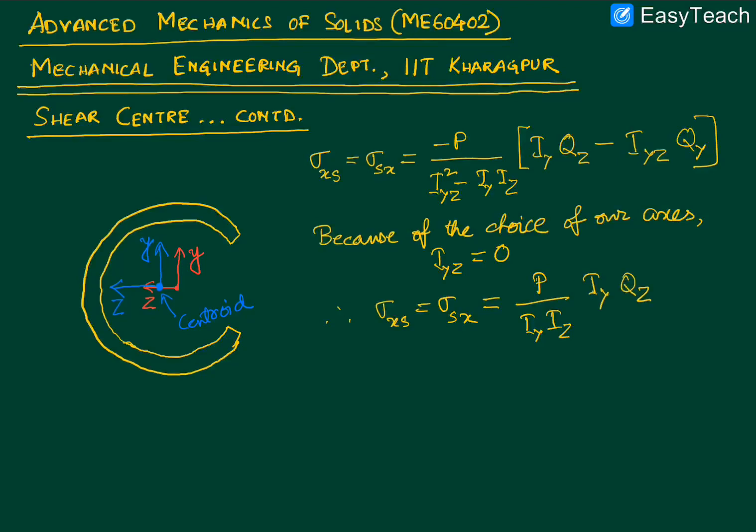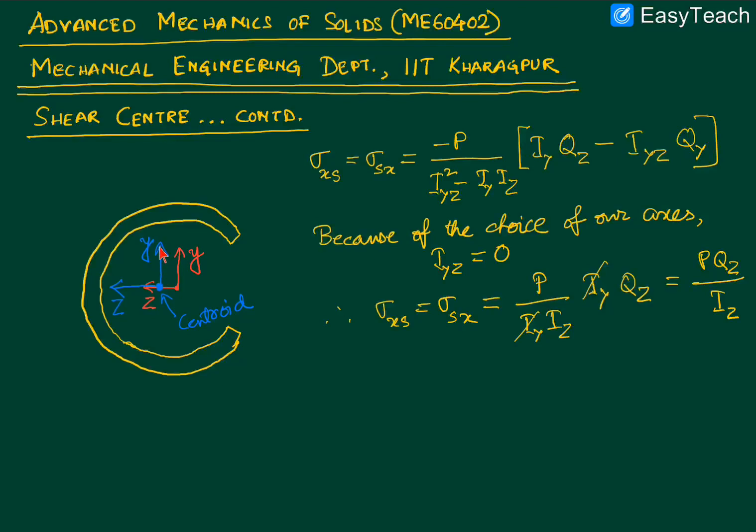Then Iyqz, and here this Iyz is 0, and you note that again this Iy cancels with this Iy. So overall what we have is just Pqz divided by Iz.